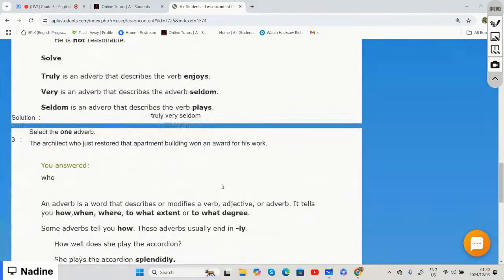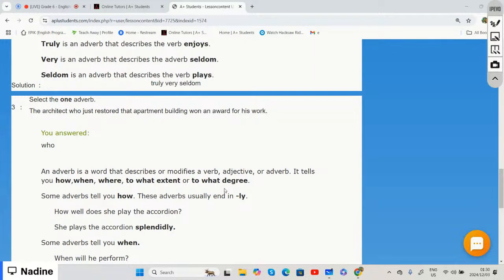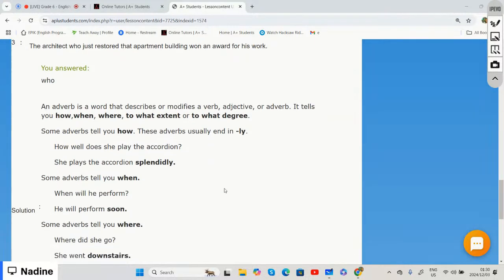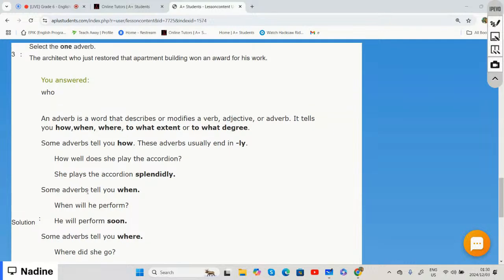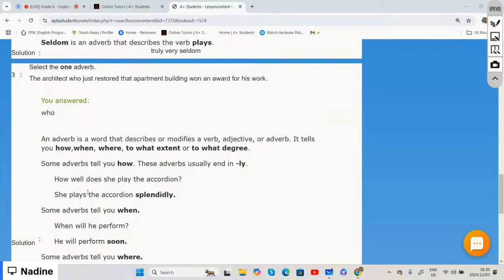All right, now the sentence says the architect who just restored that apartment building won an award for his work. So, adverbs.